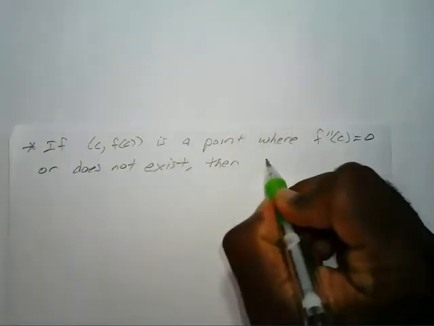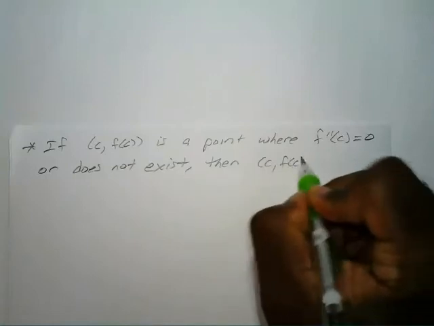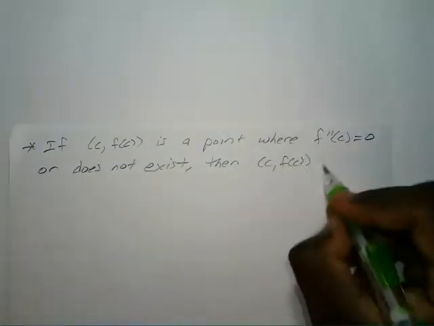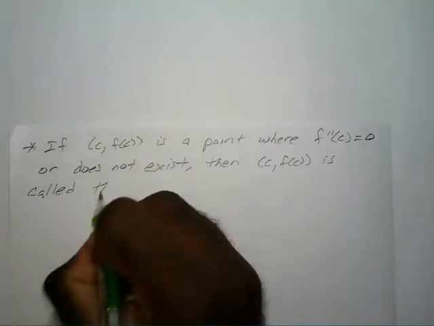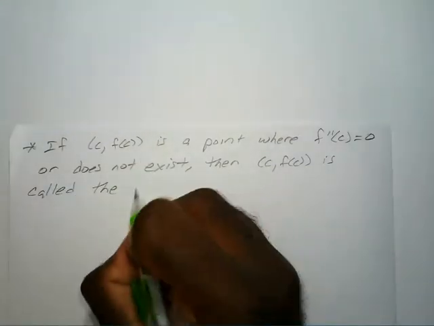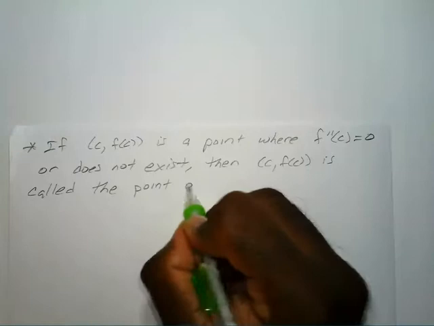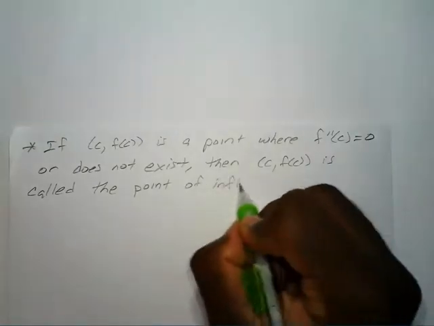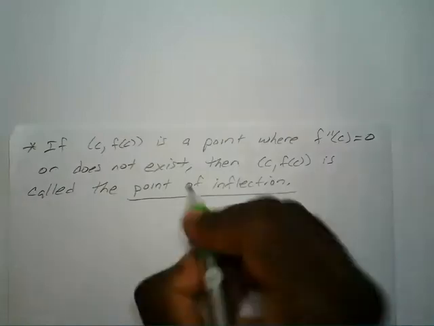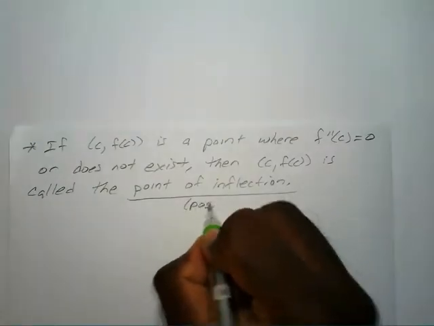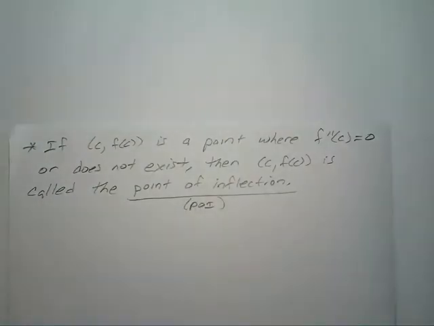Then that point C, f of C, is called the point of inflection. Or you may see POI written.